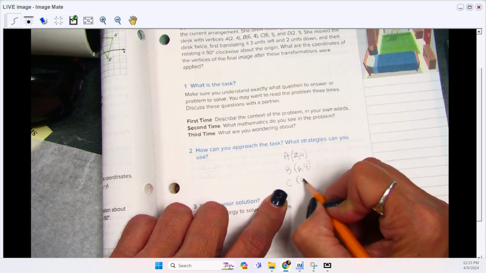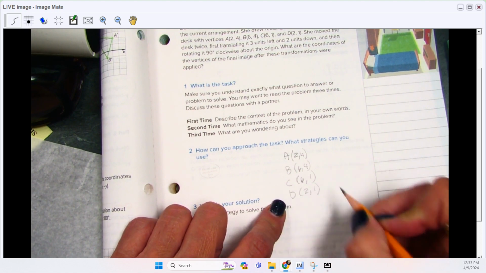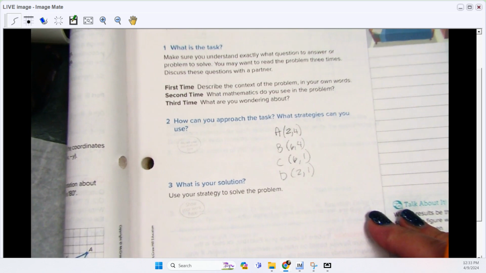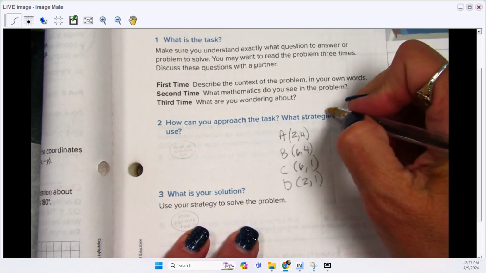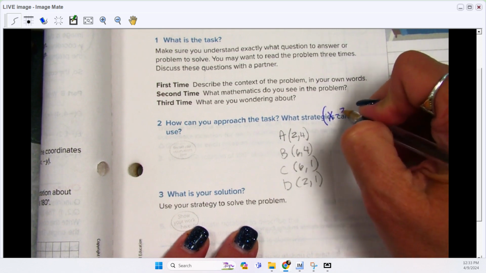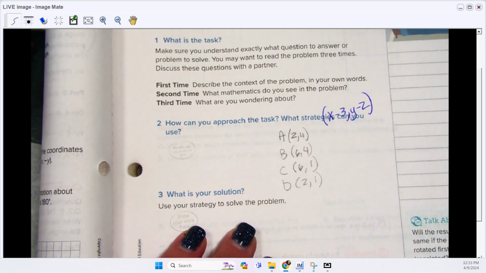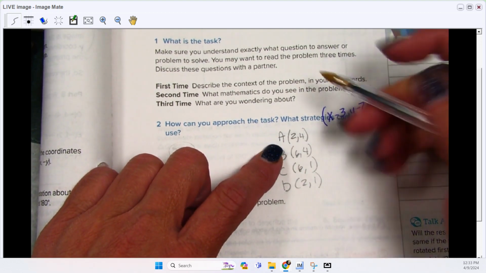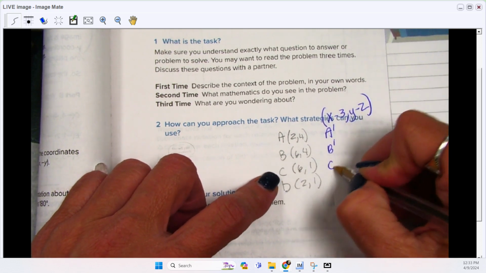C was 6, 1. And D is 2, 1. Okay? Then it said that my first translation was going to be x minus 3, y minus 2. So I'm going to subtract 3 from the x values.